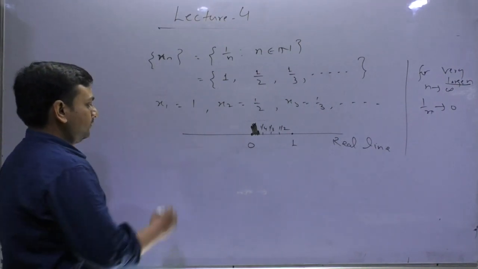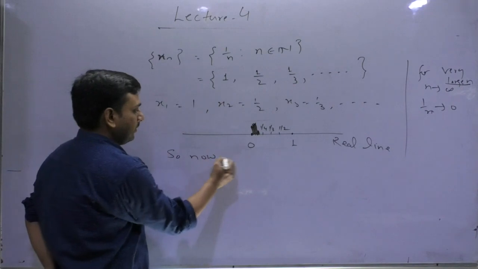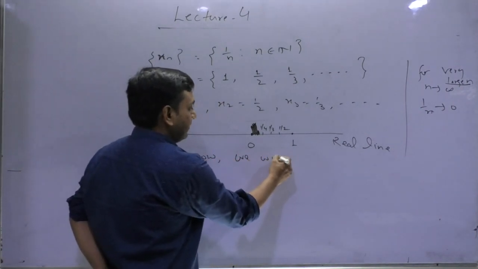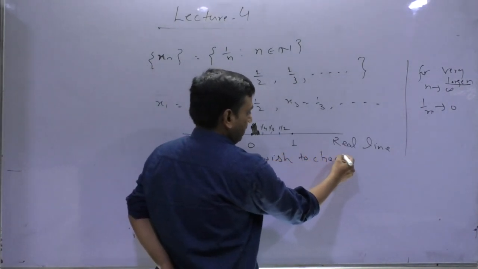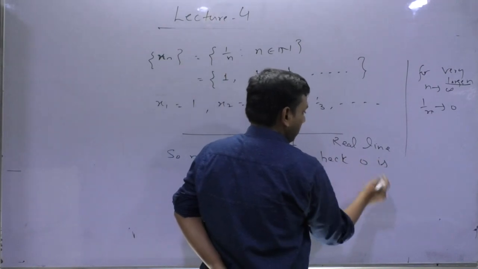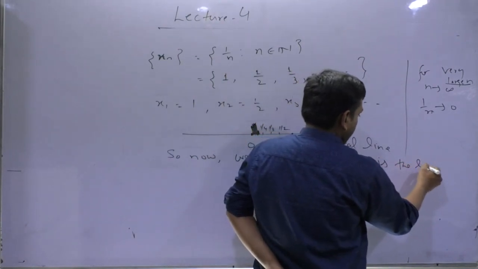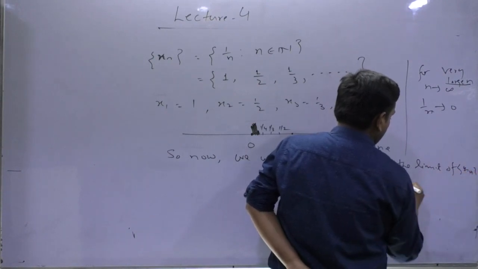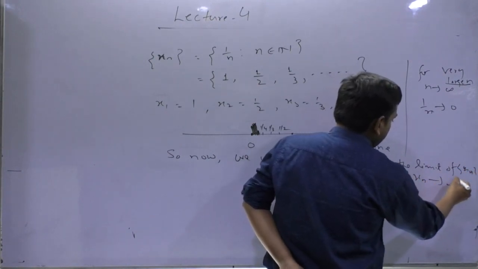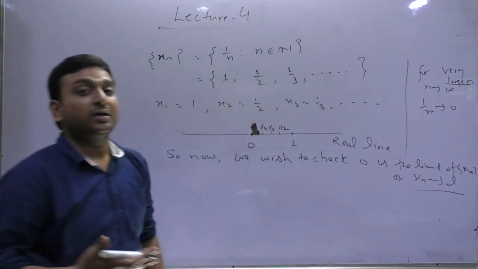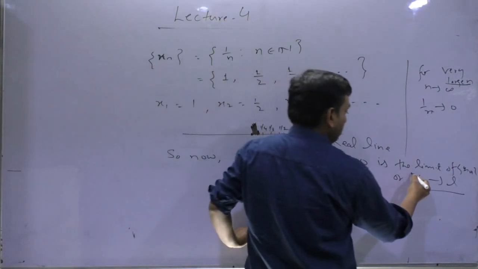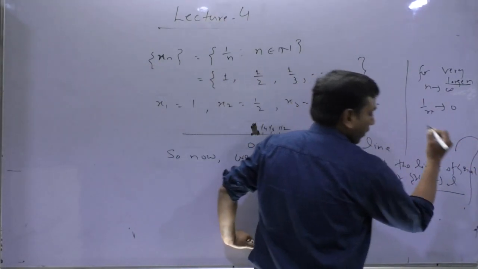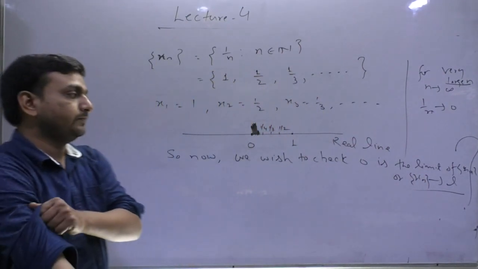So now we wish to check whether 0 is the limit of the sequence xn, or you can say xn converges to L or not. This we want to check now.